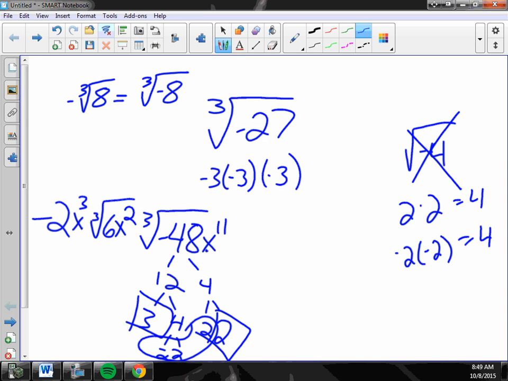So if the negative's on the outside, 2, or the third root of negative 8 is negative 2, it's the same thing. So because those are equal, we just need some sort of rule to say where to put the negative so everybody gets the same answer. And the rule we've decided is always take it out. The rule could have been always leave it in, and then everybody would still get the same answer. But we've decided if there's a negative on the inside of an odd root, pull it out.